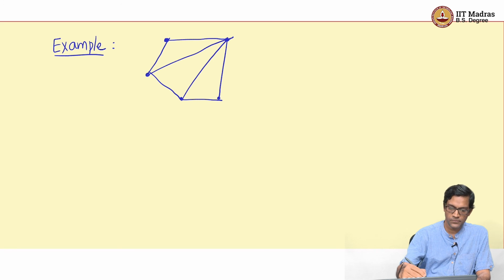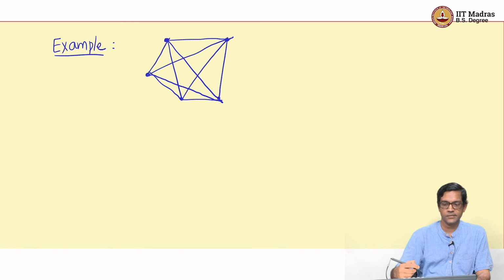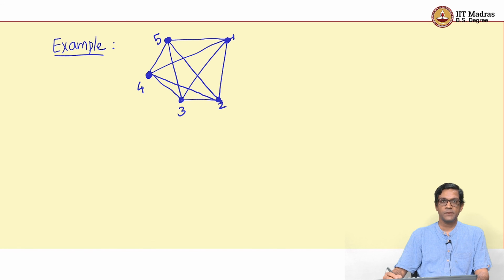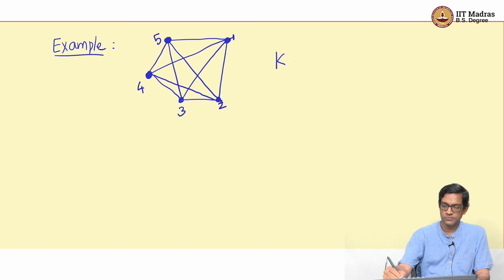If we do that, we get this kind of 5-pointed star inside this outer pentagon. Now, what is this? This is sometimes called the complete graph. That is, you draw 5 points and you join every vertex to every other vertex. So this is sometimes called K5, or the complete graph on 5 vertices.